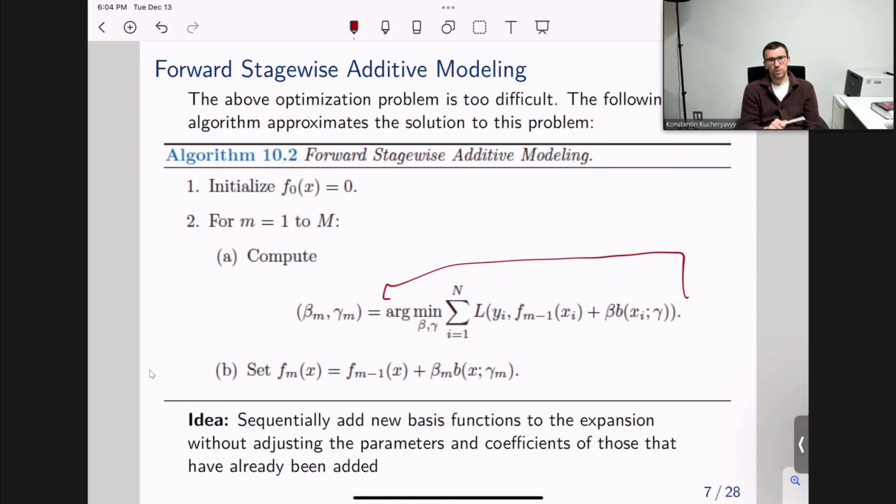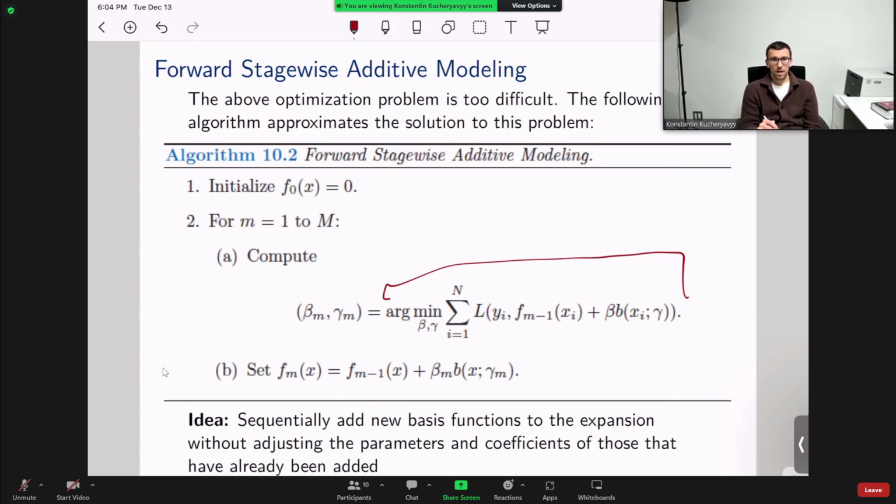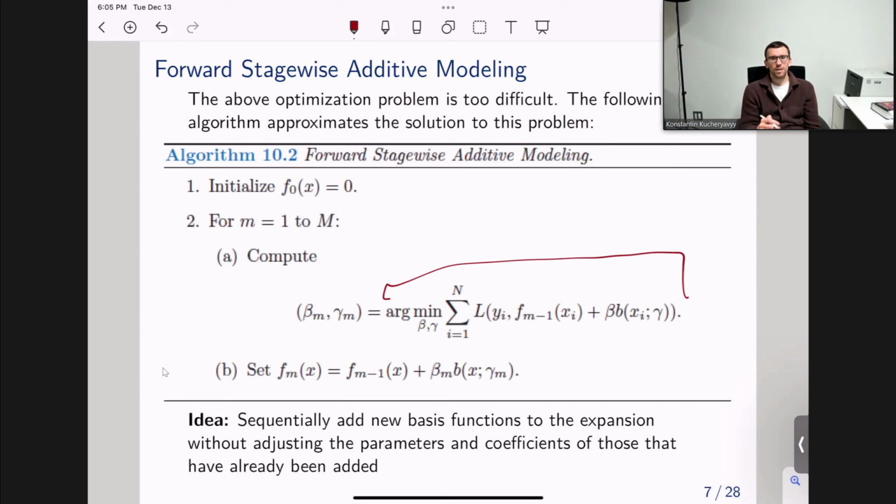But what if we introduce, say, absolute error as our loss function? Then this minimization problem is not differentiable. Well, it's kind of differentiable, but then it's not clear how to deal with this problem, and that's where we need numerical procedures, and that's where gradient boosting comes in.